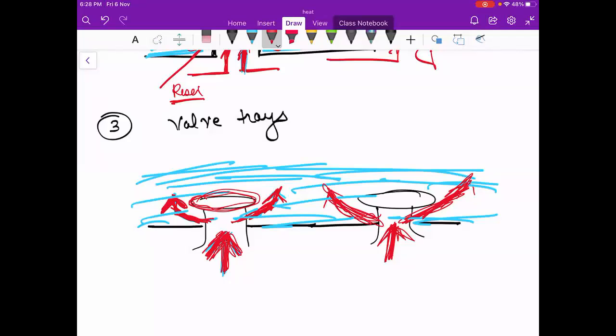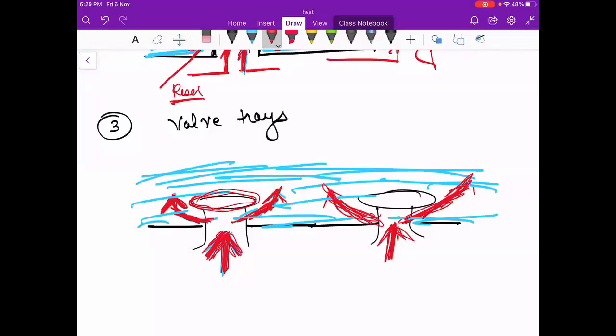So when mixing will happen, when turbulence will be there in the system, when there is an obstacle in the system, that is why we want a good mass transfer in the system.